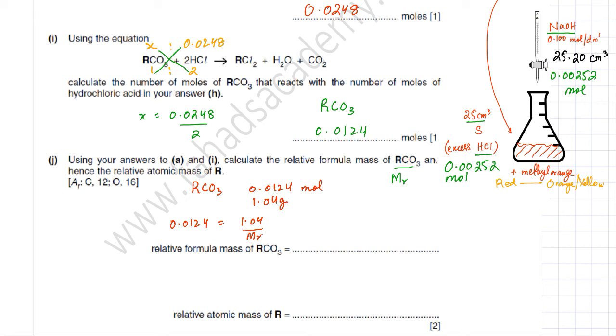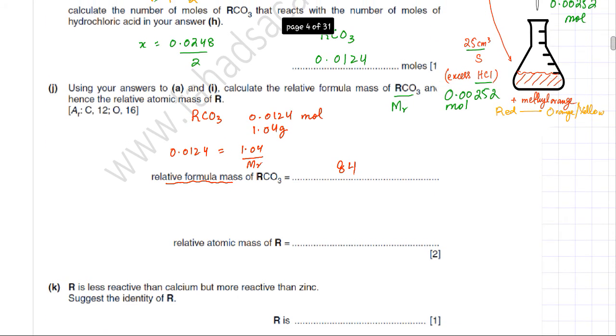And this comes out to be approximately 84. So that is our approximate relative formula mass of RCO3, the MR of RCO3. It comes out to be approximately equal to 84.